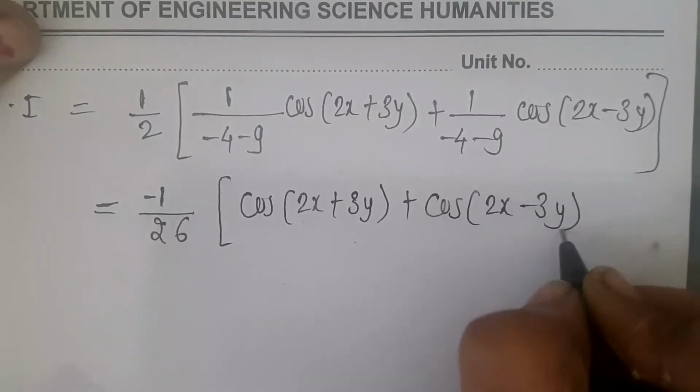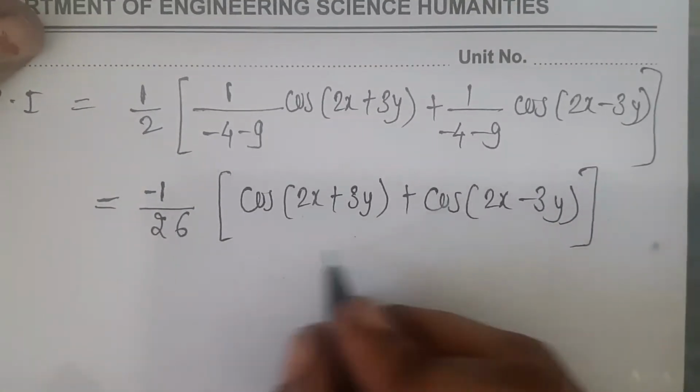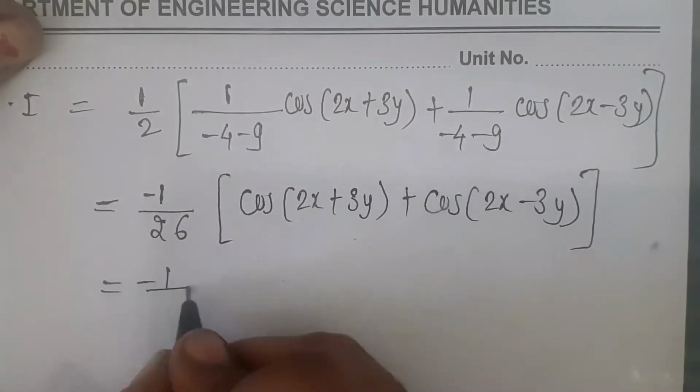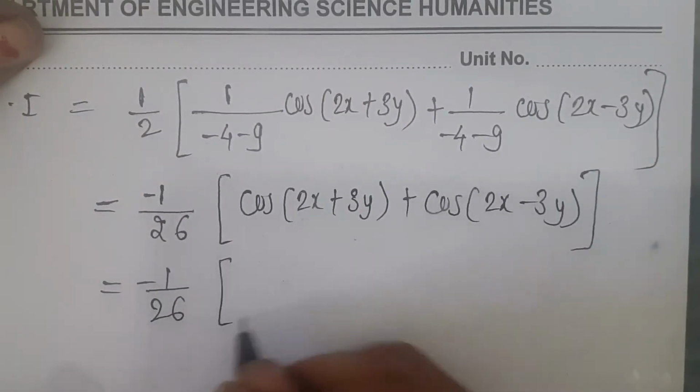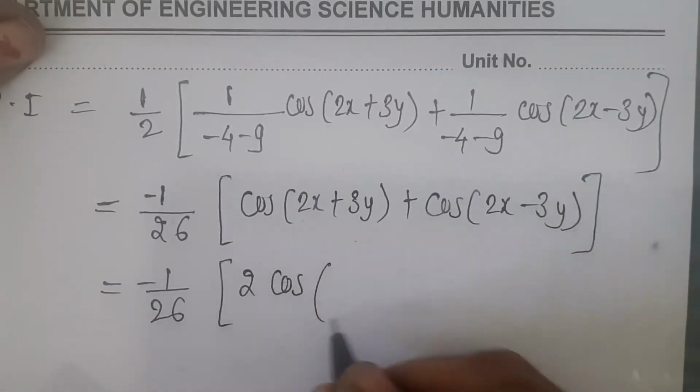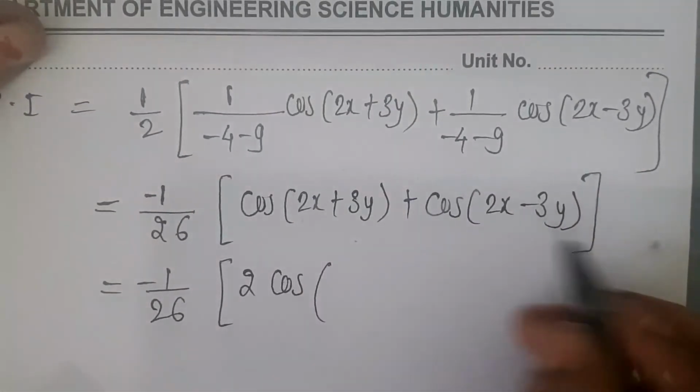Now you can simplify it further. Cos of c plus d plus cos of c minus d, it is equal to minus 1 by 26 times 2 times cos of c plus d and c minus d.